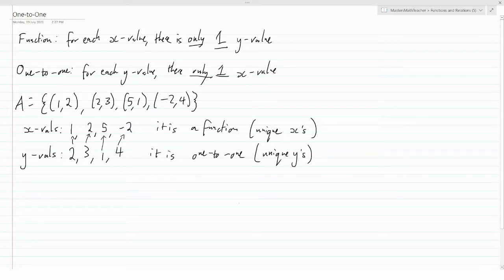So A is a one-to-one function, because it's both one-to-one and a function.